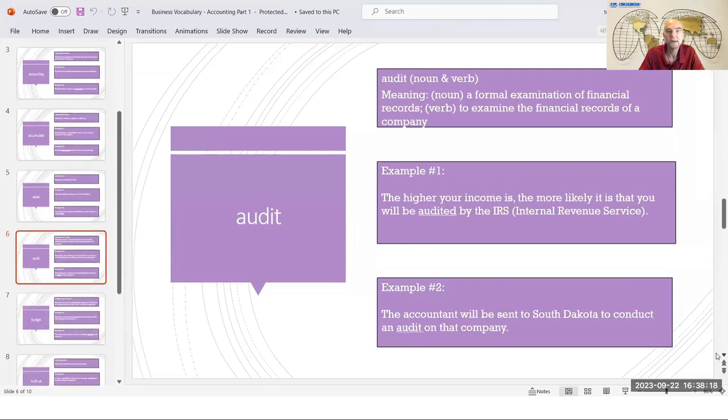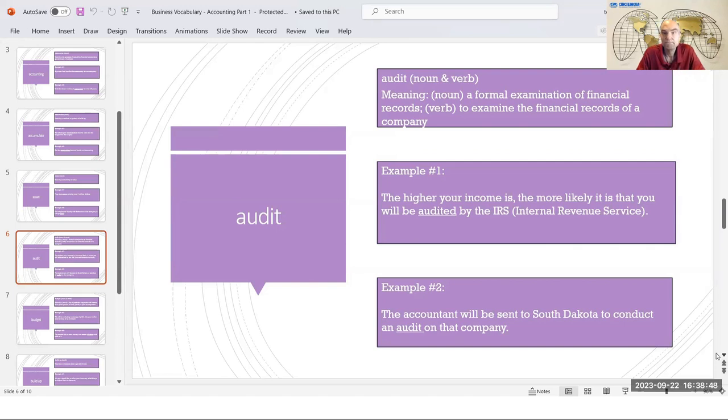Next word is audit. Audit can be a noun. It can also be a verb. As a noun, it refers to a formal examination of financial records. It can also be a formal examination of some kind of procedure within a company.